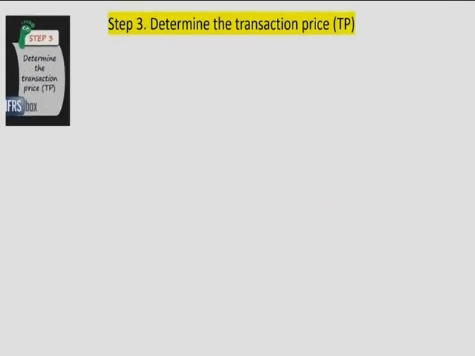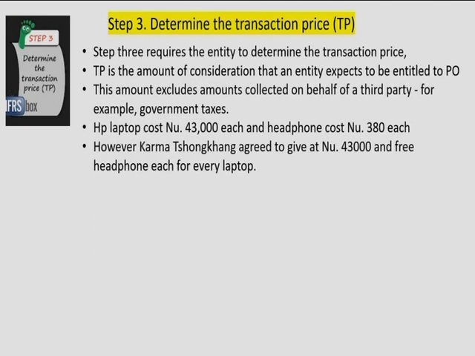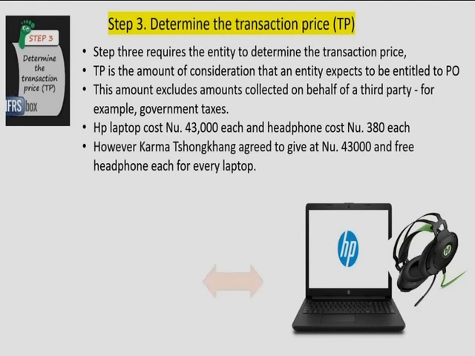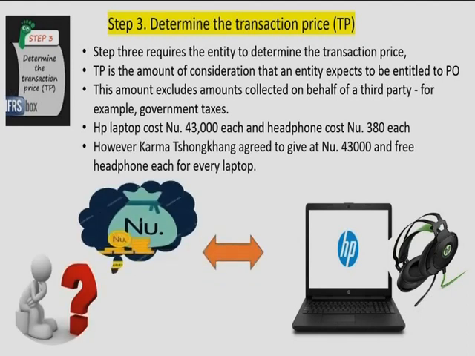Next, the third step in recognizing revenue is to determine the transaction price. Now, they have already agreed on the sale, where Karma Tsongkang wants to supply laptops and headphones to Pema.